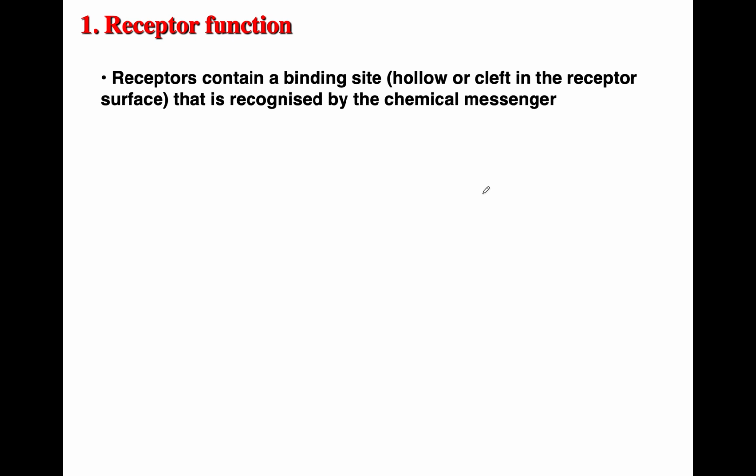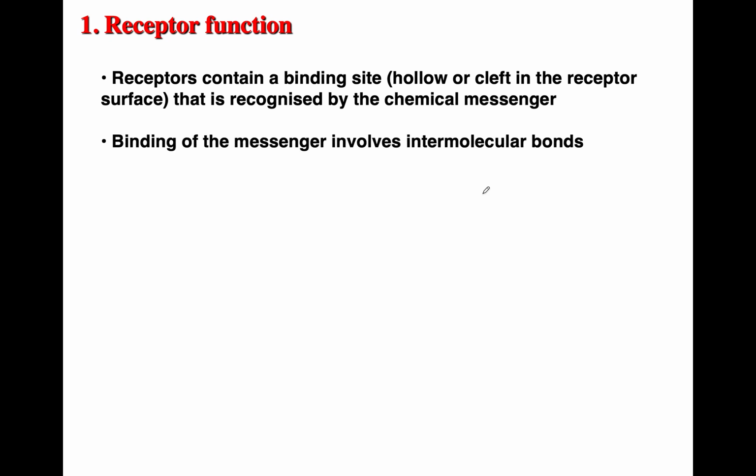Those binding sites are either hollow or in a cleft in the receptor surface, and they're recognized by a specific chemical messenger. Every receptor has a specific chemical messenger that it binds to. This is the case because the messenger and the receptor have to be involved in intermolecular bonding.